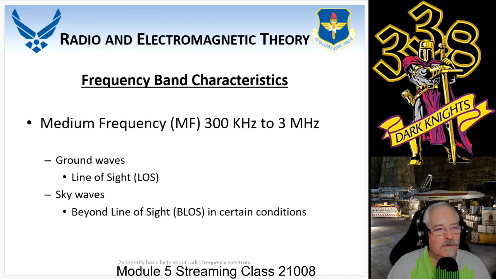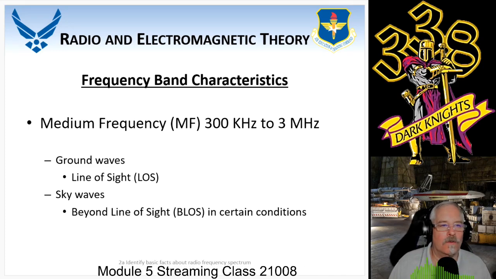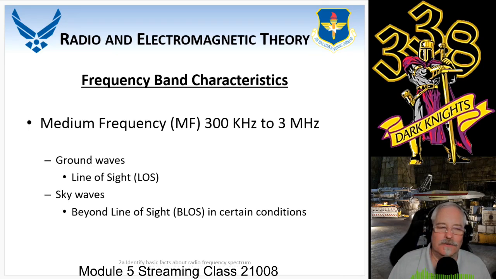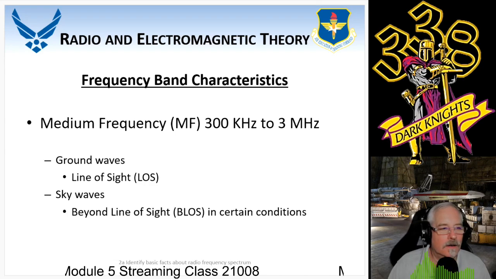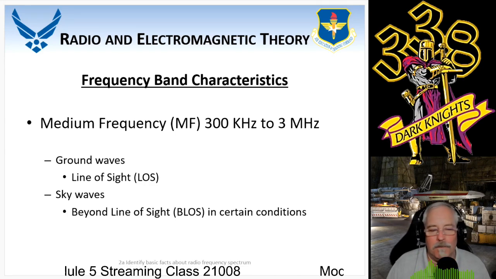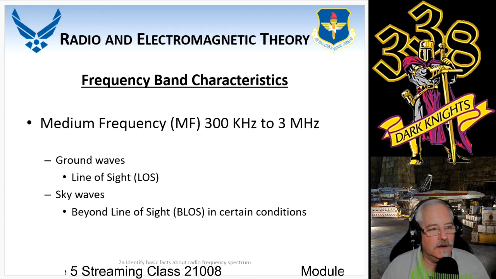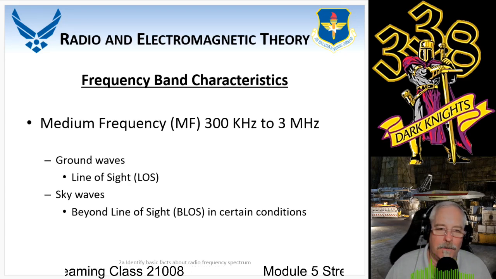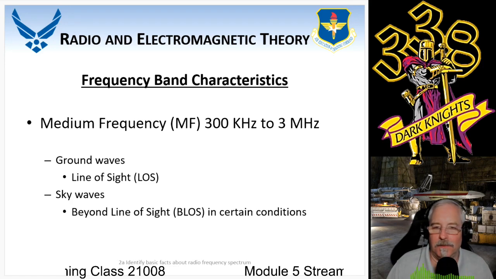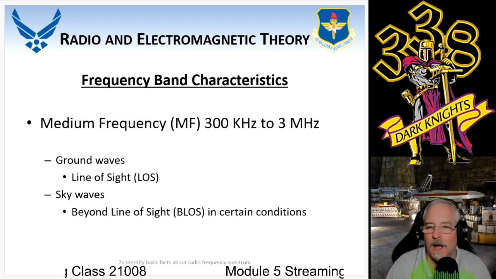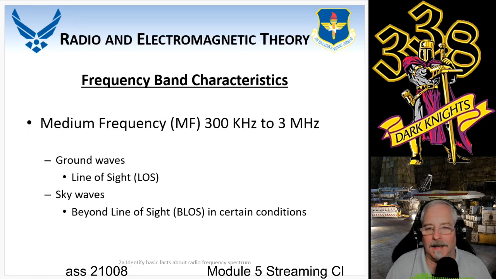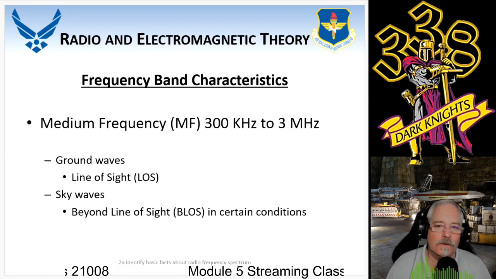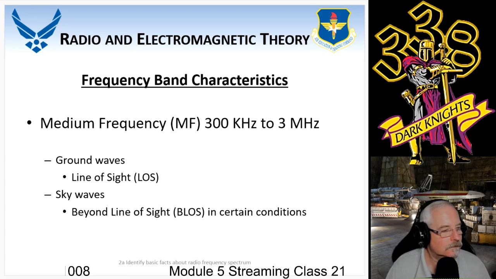We have medium frequency. Again, we're going back over it, this time identifying where they fall. For the most part, medium frequency falls into the ground waves. However, the higher up it goes, it starts to have the capability of going beyond line of sight and even what we call over the horizon.